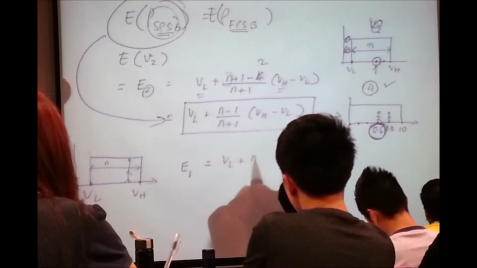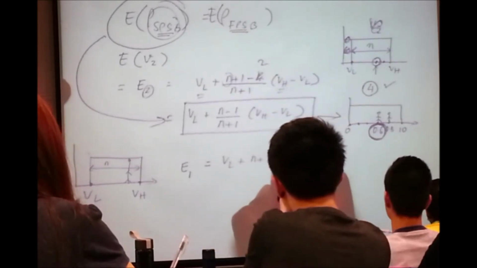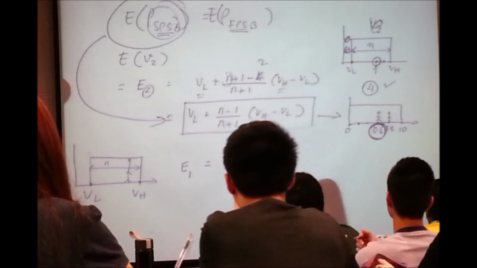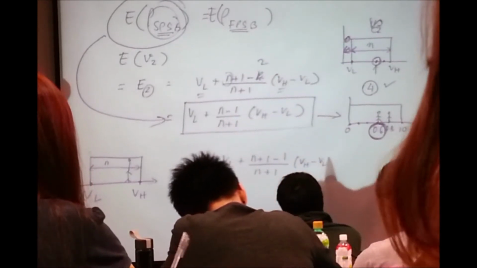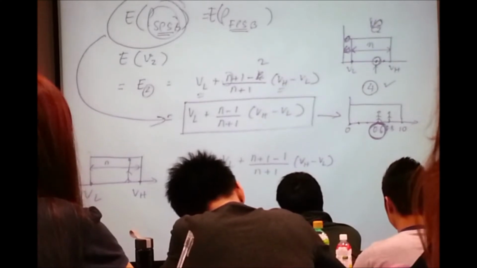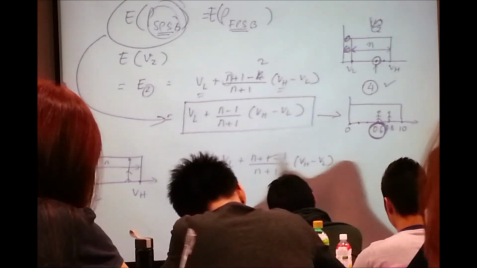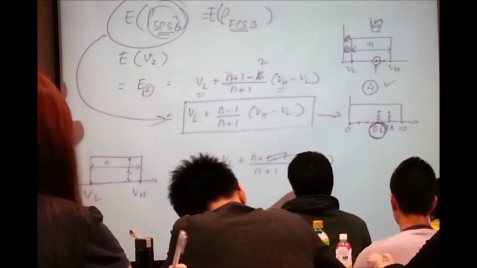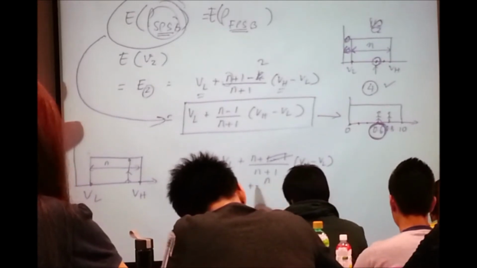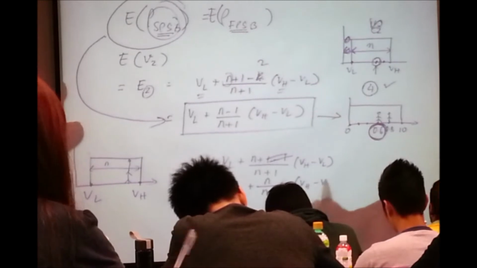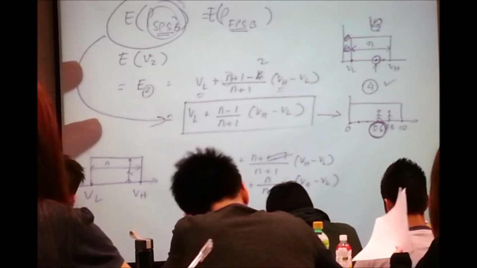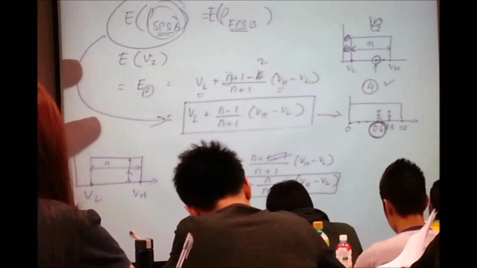BL plus (n plus 1 minus 1) over n plus 1. What is this number telling me? This number tells you, on average, this is the valuation of the guy who will win the auction.